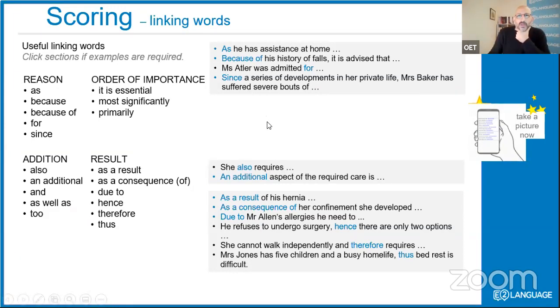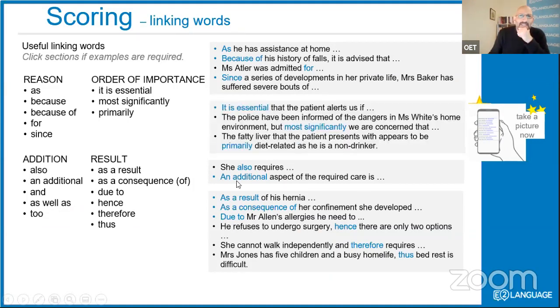She also requires an additional aspect of the required care is, and then it is essential that the patient alerts us if the police have been informed of the dangers in Ms. White's home environment, but most significantly, we are concerned that, and the fatty liver that the patient presents with appears to be primarily diet-related, as he's a non-drinker. So screenshot time, if you would like that. That's a nice way of organizing and linking your ideas together, with those ideas highlighted in blue.